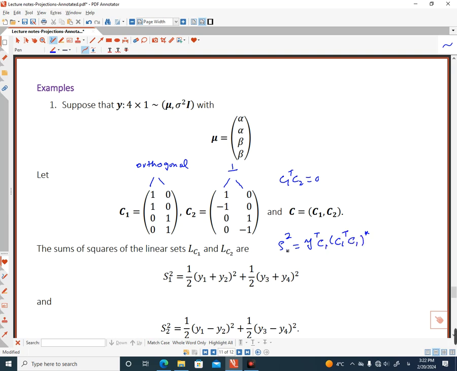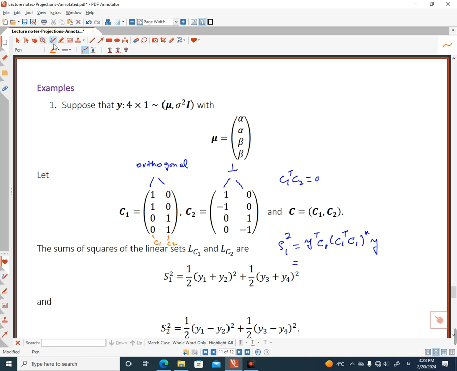So we can say for the first C y, and if for a moment I denote the columns with a small c, let's say this one is small c1, this one is small c2.